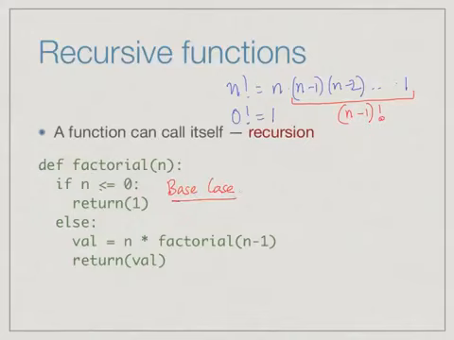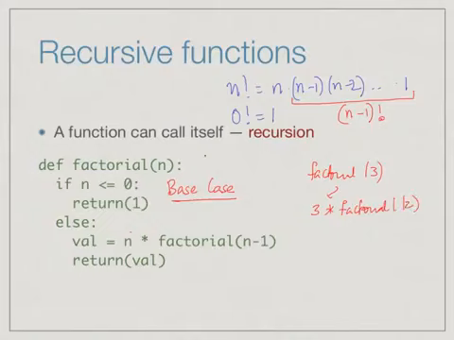Now, if n is not less than or equal to 0, then n is greater than 0. So if n is greater than 0, then we take the current number and we multiply it by the smaller factorial. That's exactly the definition given above. So if I take, say, factorial of 3, this will result in 3 times factorial of 2.